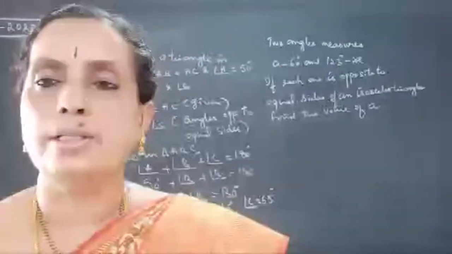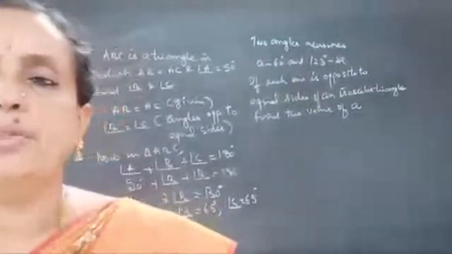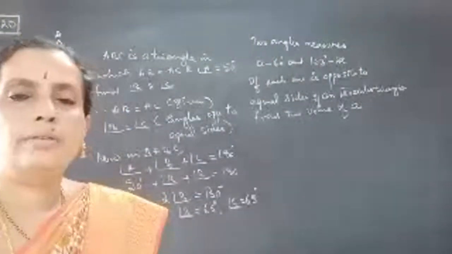Since they are the opposite angles of an isosceles triangle, they are equal.